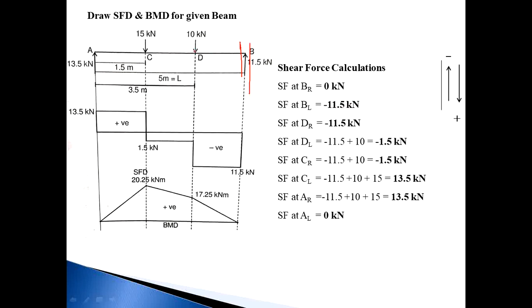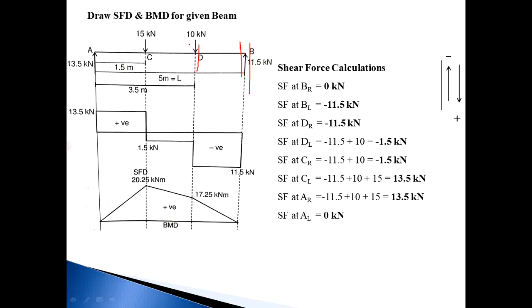Then next section, consider just the right side of D. This is now DR. Consider the right side of this section. The total number of forces is only 1, that is 11.5 kilonewton, and the direction of the force is upward. So minus 11.5 kilonewton at DR.